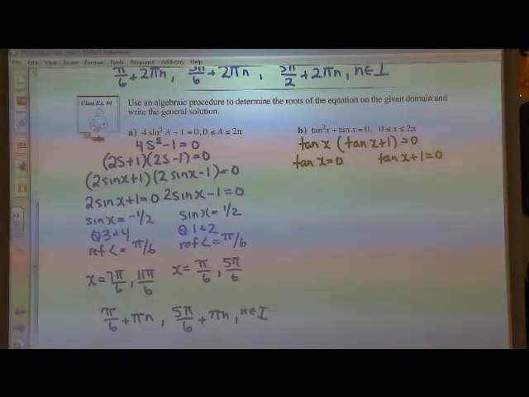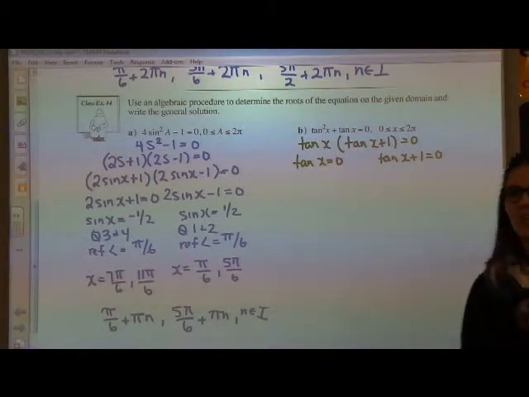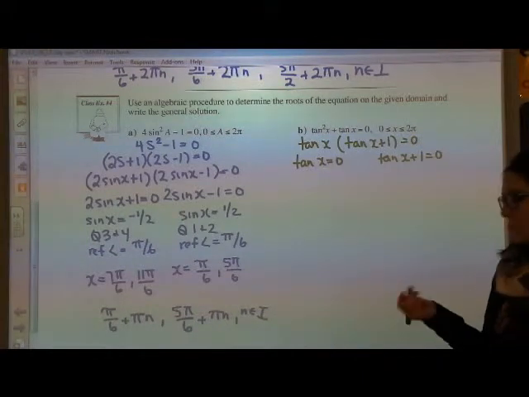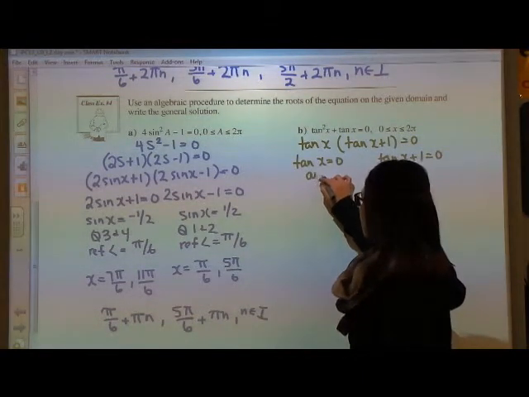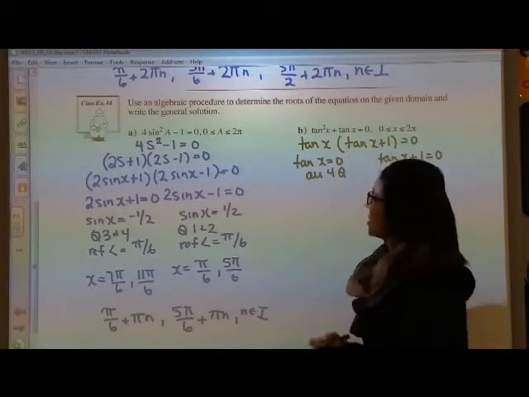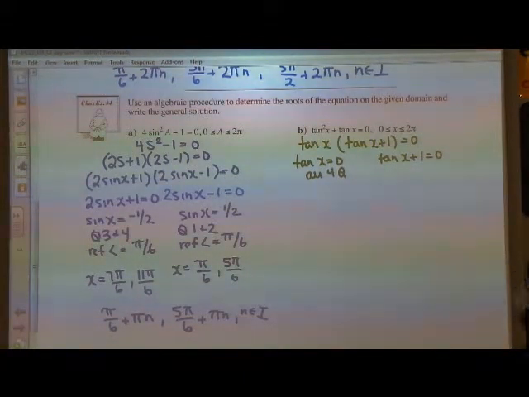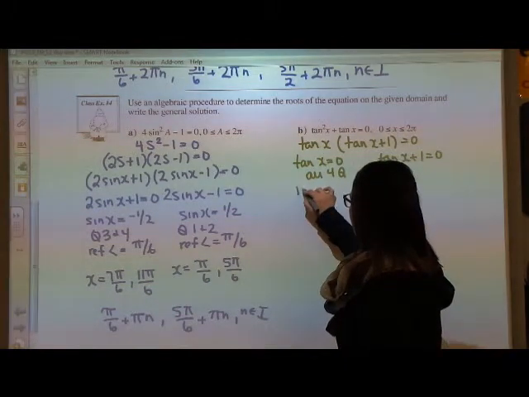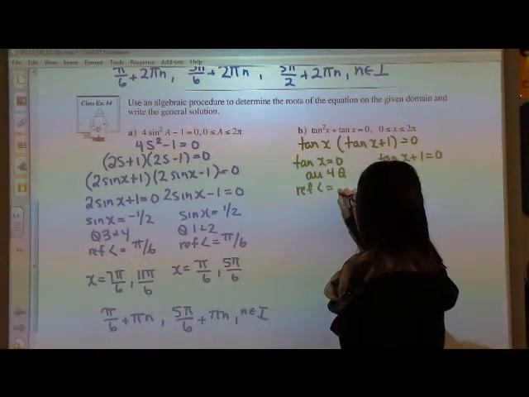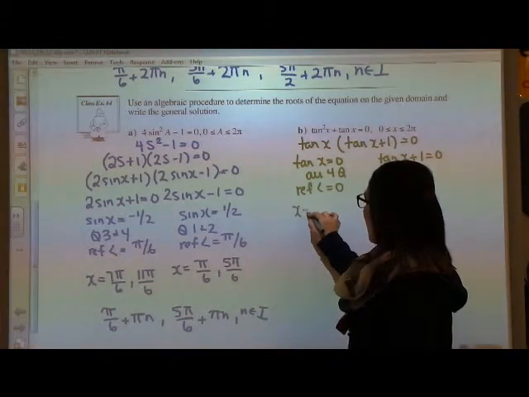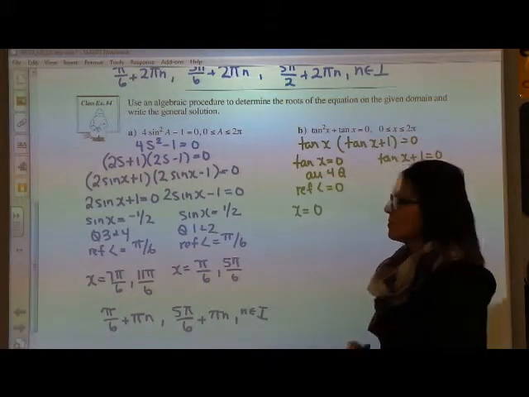So if tan x equals 0, what quadrants am I looking at? All of them. You're looking at all 4. What's my reference angle when tan x equals 0? 0. So in quadrant 1, that would be 0.